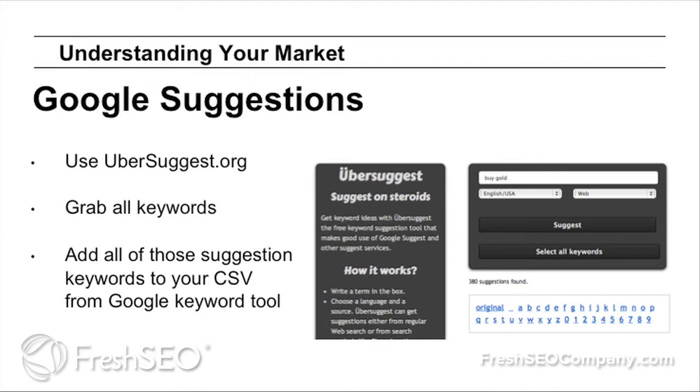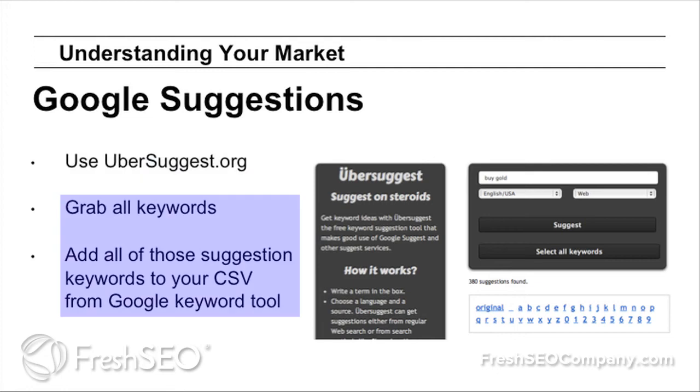So as we move into the suggestions, Google suggestions are great for generating additional keywords that Google's not going to give you in their keyword tool. And so a great tool to do that is ubersuggest.org. And what they do is they essentially scrape Google suggestions when you put a keyword in there. And so they're going to give you back a big list of suggestions that you can't see just by typing one word. They're going to kind of automate the process for you.